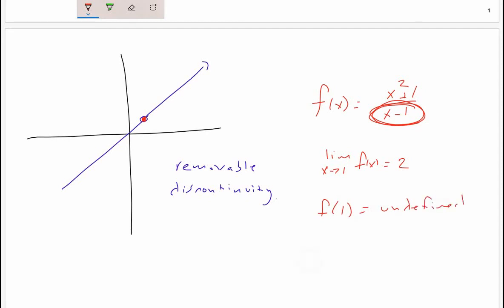But if we had a new function that was x squared plus 1 over x minus 1 when x is not equal to 1, and equal to 2 when x does equal 1, a piecewise function, we would get this straight line from the top function, and when x equals 1, we define it at 2. That plugs the hole, and now I could draw that graph without lifting my pencil. So that's a removable discontinuity. It's like a hole in the graph that you can fill.